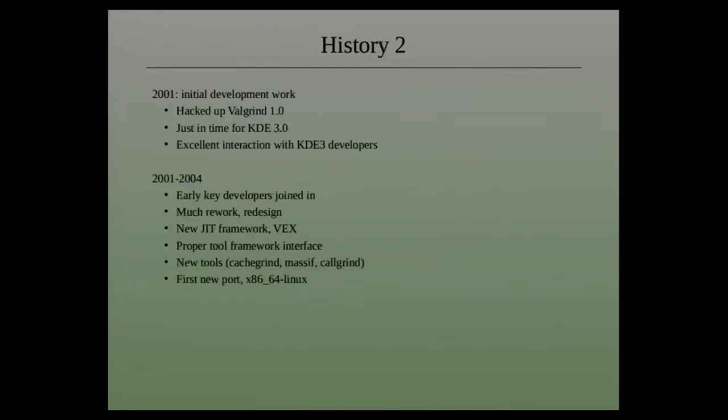So sometime around 2001, I basically quit my job and spent 10 months hacking on Valgrind, or what became Valgrind 1, version 1.0. It came out in the pre-release phase for KDE 3, and there was a lot of back and forth with the KDE developers, which was very beneficial for Valgrind, because they would take a pre-release version of Valgrind and try it out and say this doesn't work or that doesn't work, and tell me a whole bunch of stuff I didn't know about, particularly for C++.